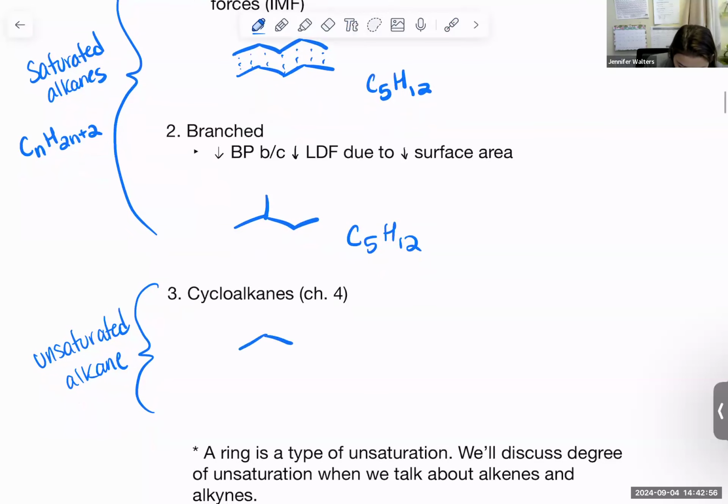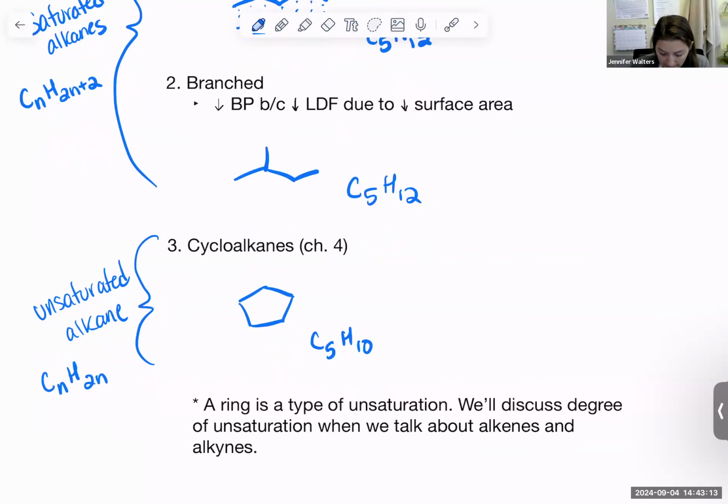Whereas if I try to put 5 carbons into a ring, now it is C5H10. So my general formula for one ring is CnH2n because I lost 2 hydrogens. We're going to find that every unsaturation is going to result in the loss of 2 hydrogens.